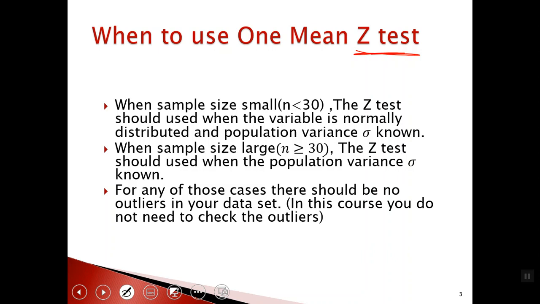In the first place you should know these conditions are satisfied before you use this Z test. When the sample size is small, you can still use the Z test if the variable, which means your population, is normally distributed with known standard deviation sigma.